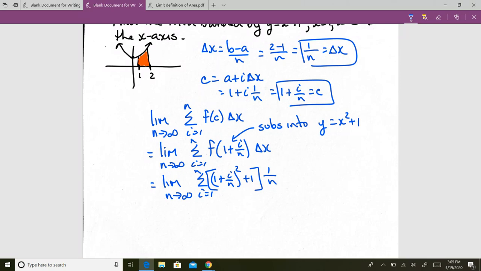You're going to have to square that. Multiply it out, 1 plus i over n times 1 plus i over n, and then expand and simplify, and take it all the way through. It's just going to be algebra.